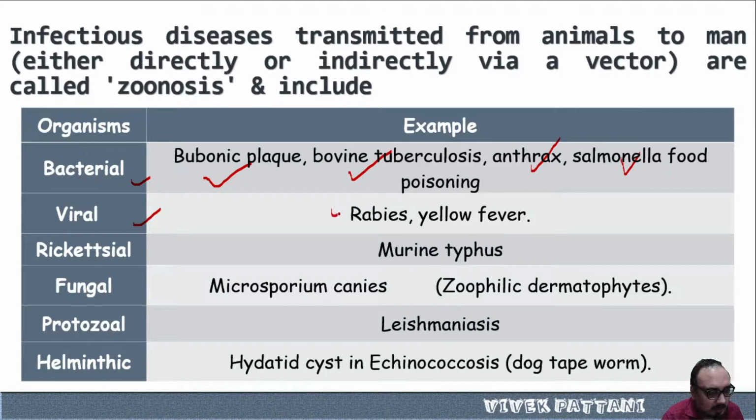Viral examples are rabies, yellow fever. Rickettsia: you may not have studied rickettsia. They are obligate parasites. An example is murine typhus.